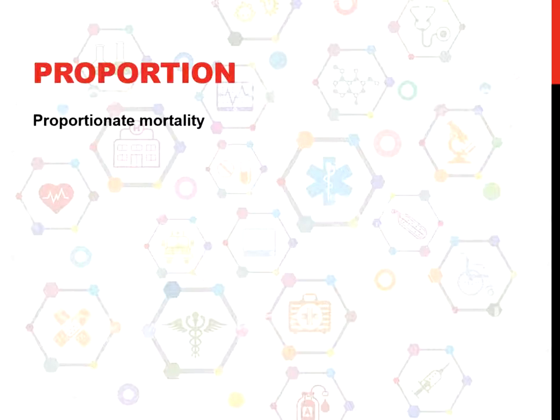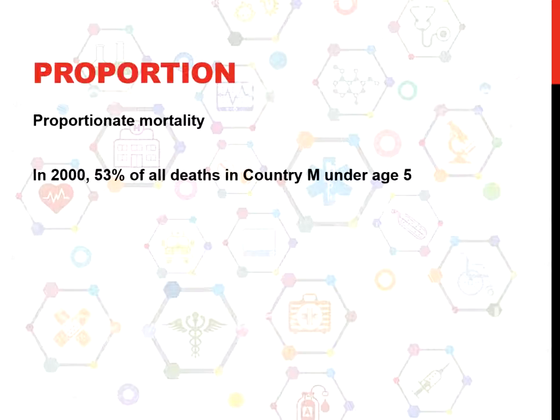Okay, so an example of proportion is proportionate mortality. So in 2000, 53% of all deaths in country M were under 5 years old, or under the age of 5. So ang results is 53% daw. So ang proportion nun is P equals 0.53.